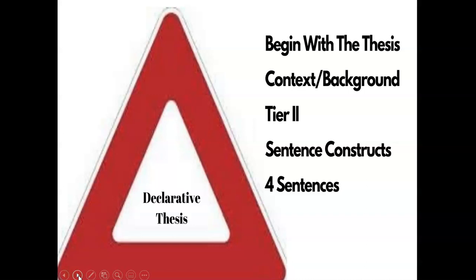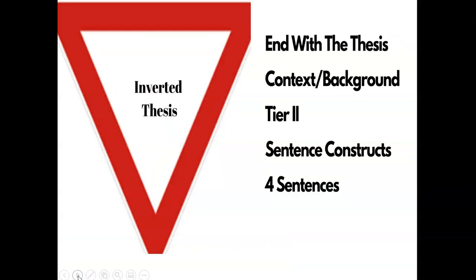And then with my template, as long as the scaffolds are up and the guardrails are in place, it's going to be exactly 4 sentences long, no more, no less. So that's the declarative. The inverted, we just flip it and we end with the thesis.